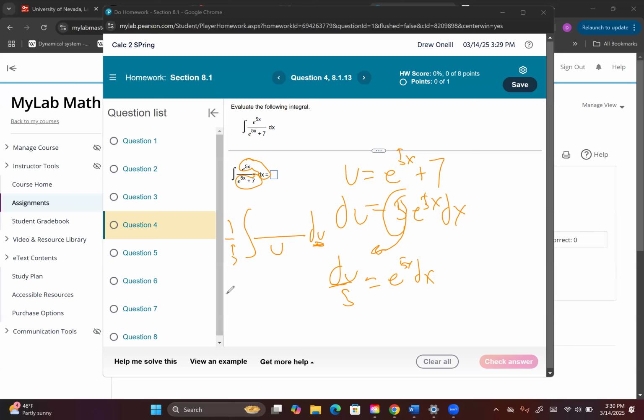And so this is really 1/5 antiderivative du over u. And that's just natural log. So if you integrate that, what was u? U is e to the 5x plus 7. And that's the answer. Okay, plus constant.